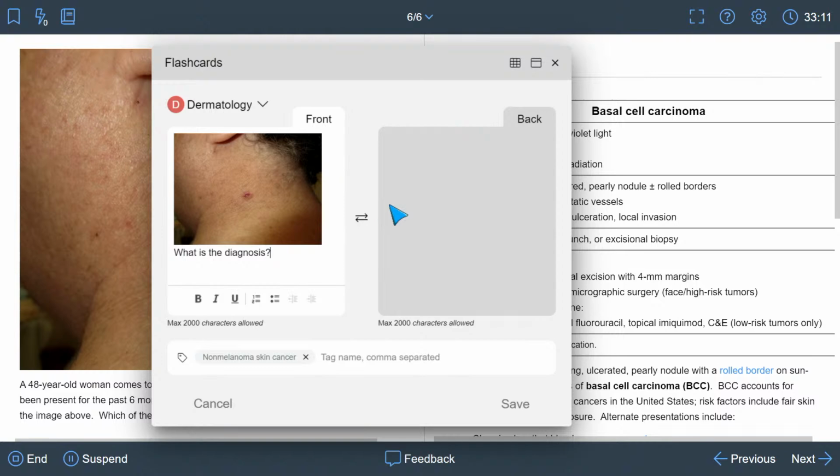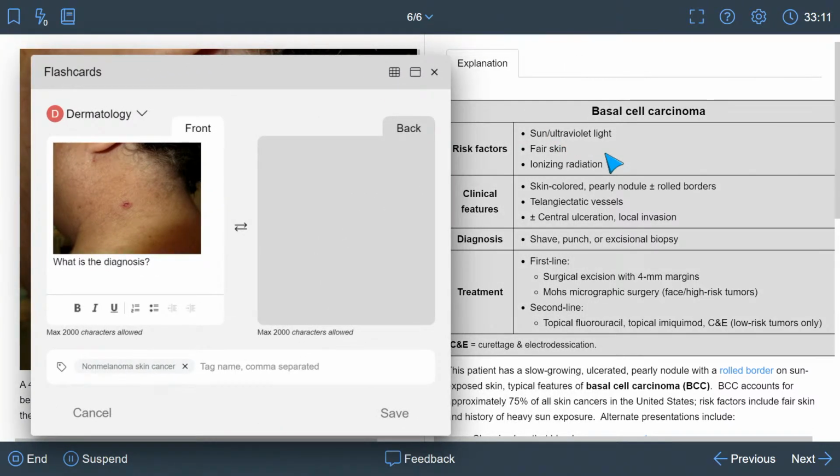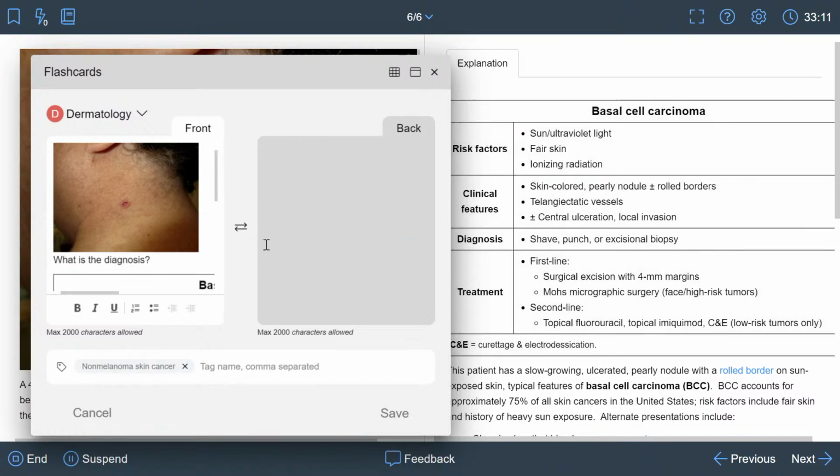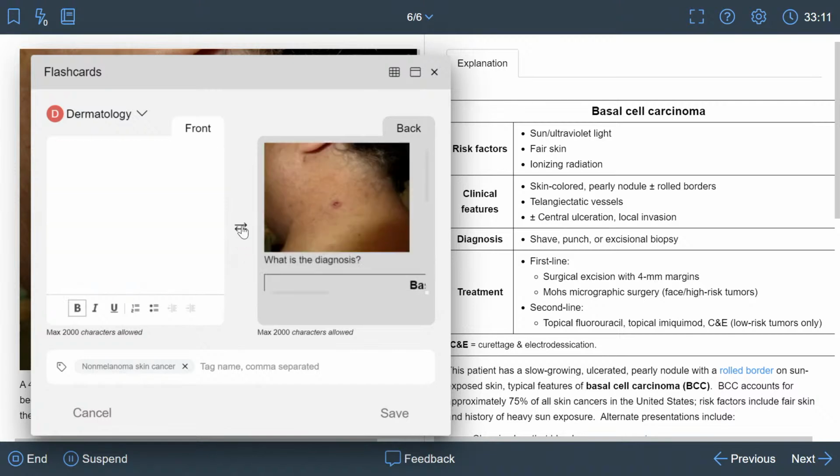And then on the back of the card, say you'd like to have this chart. You'd go over, click the chart. You'd see this pop up, hit add to flashcard, and you can put it either on the front, or if you prefer to have this on the back, you can switch to the back. Either way you'd like.